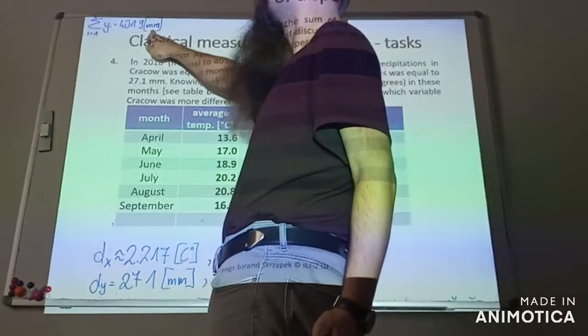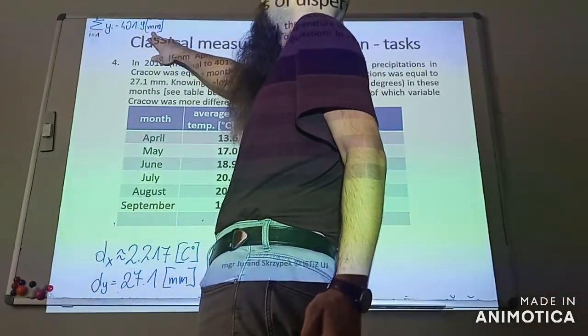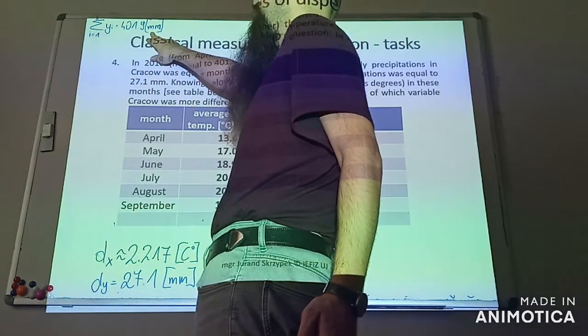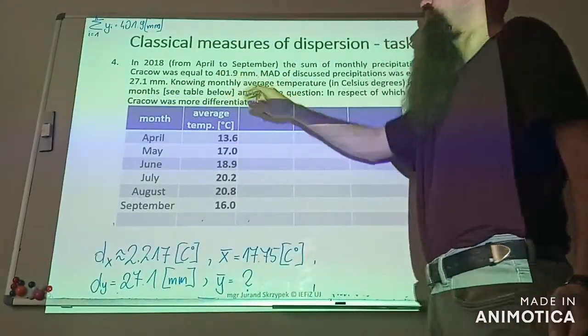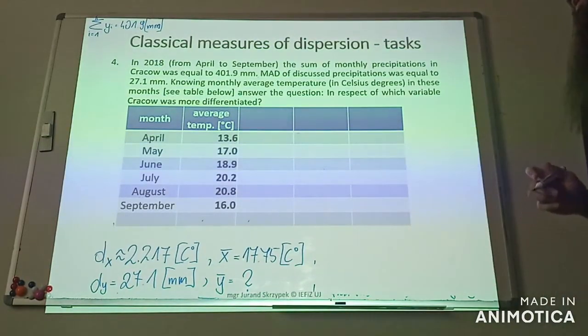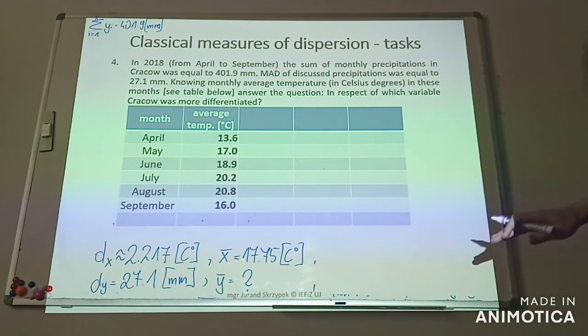This is the sum of monthly precipitations from April to September, which is equal to 401.9.